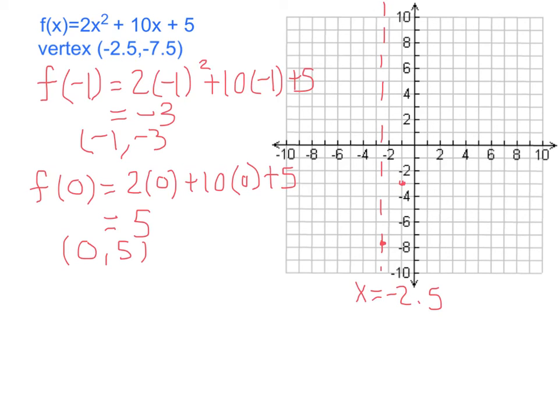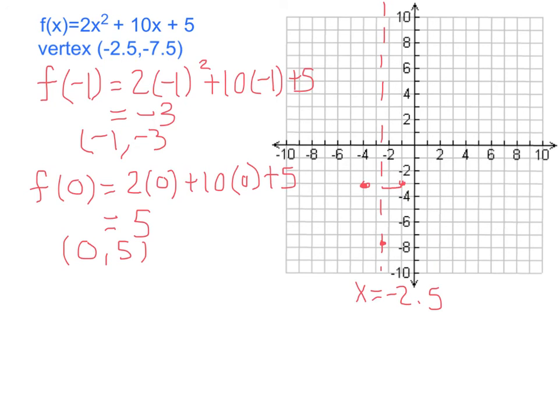If I need my next point on the other side, I'm going to count however many spaces over to my axis of symmetry. So the distance between this point and this axis is 1.5 units. So then I'm going to have to count over another 1.5. So then my next point is going to be over here at -4.